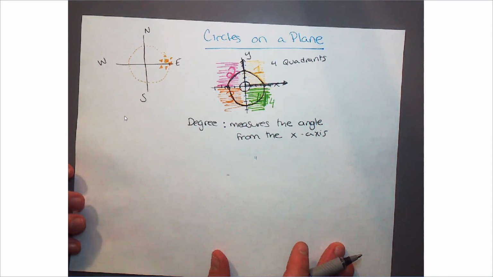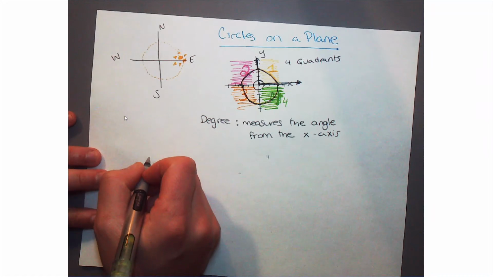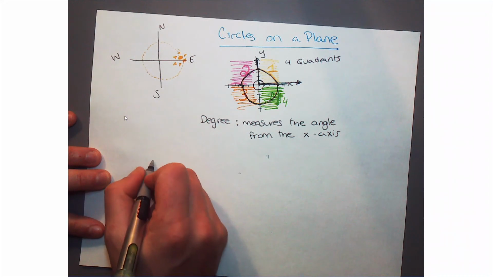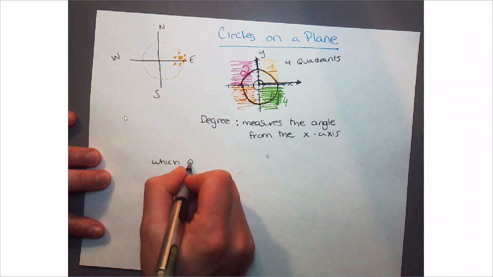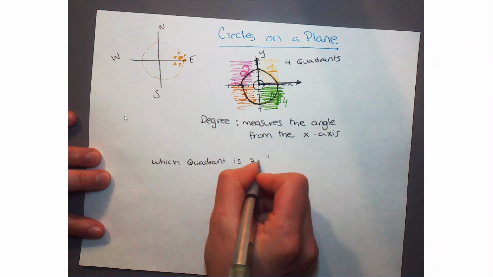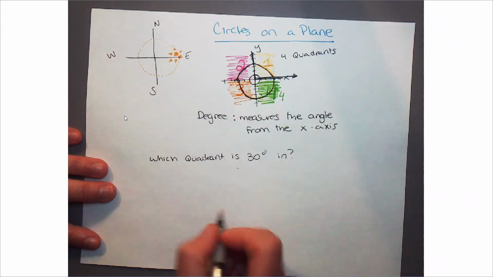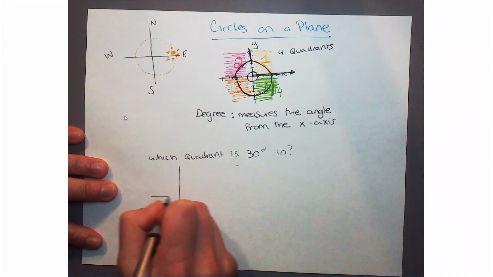We're going to see questions that ask things like, which quadrant is 30 degrees in? Let's get some perspective here.